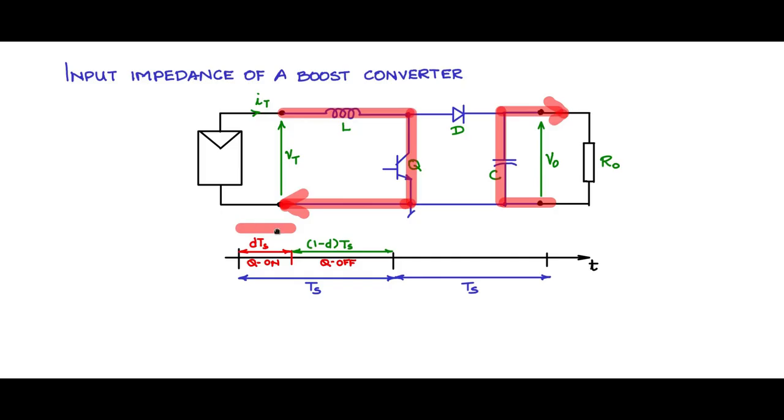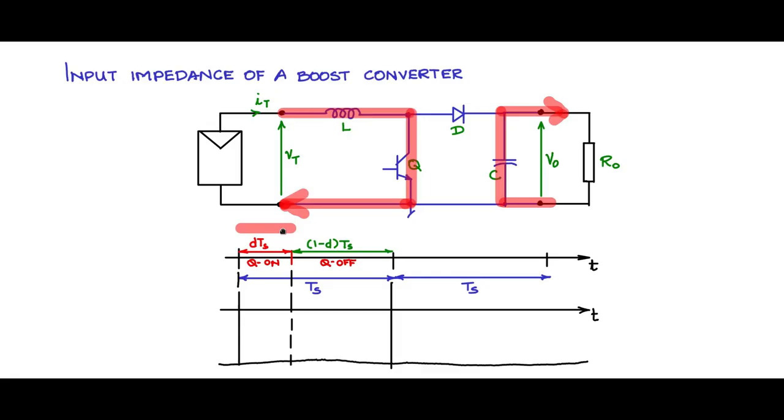So during the time when Q is on, we can observe the voltage across the inductor and the current through the inductor. These are critical electrical parameters that you need to know about any converter.